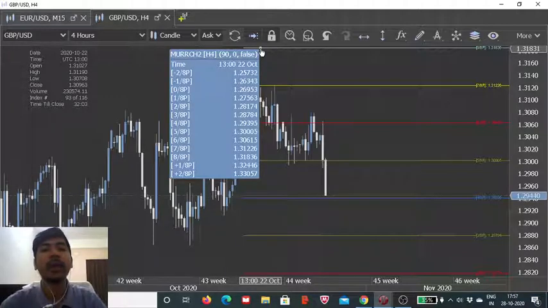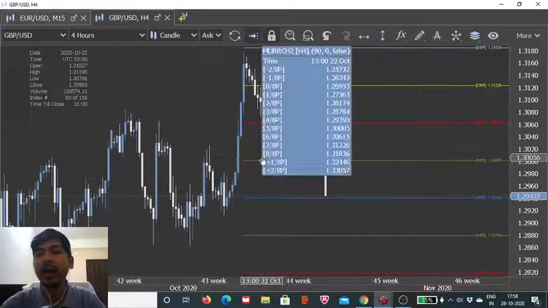So please pay heed to these chart numbers being displayed on the screen. You will have 0 out of 8, 1 out of 8, 2 out of 8 till 8 out of 8, and these values are displayed there, and of these, 0 out of 8, 4 out of 8 and 8 out of 8, these three levels are of key importance.